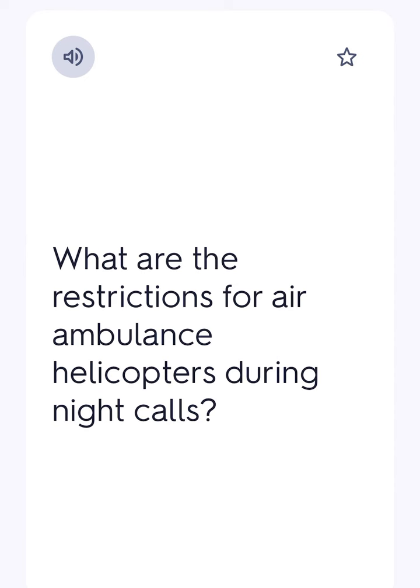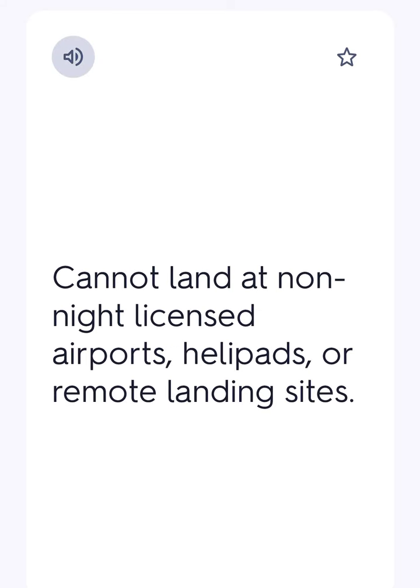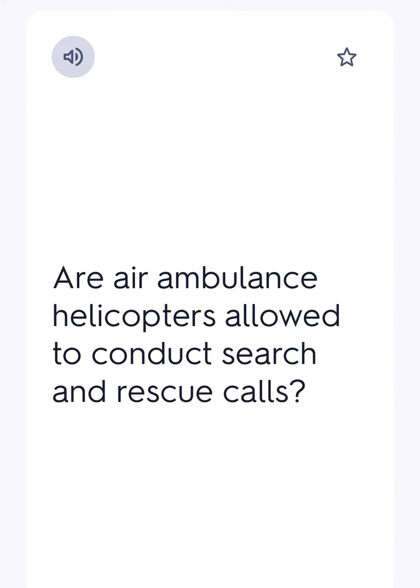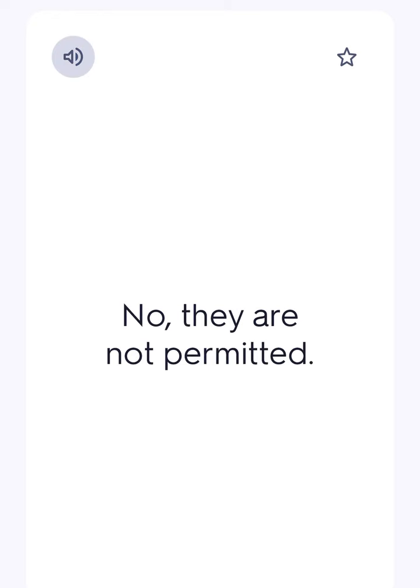What are the restrictions for air ambulance helicopters during night calls? Cannot land at non-night licensed airports, helipads, or remote landing sites. Are air ambulance helicopters allowed to conduct search and rescue calls? No, they are not permitted.